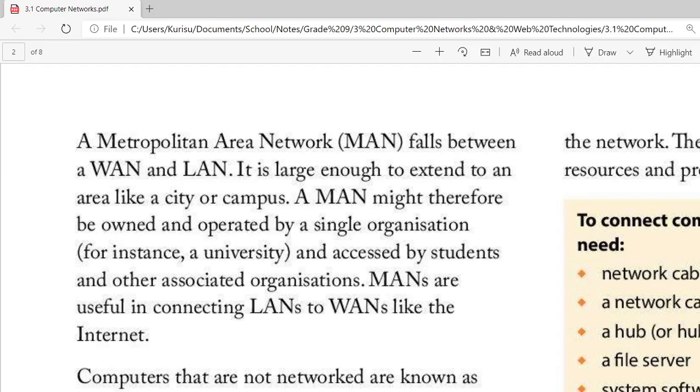So a network that connects multiple local area networks that covers many buildings would be referred to as a MAN. An example of that would be a university. A university would have multiple buildings. For example, if any of you ever went to UG or any other university, you will notice they have multiple buildings on campus, and each building might be its own department.